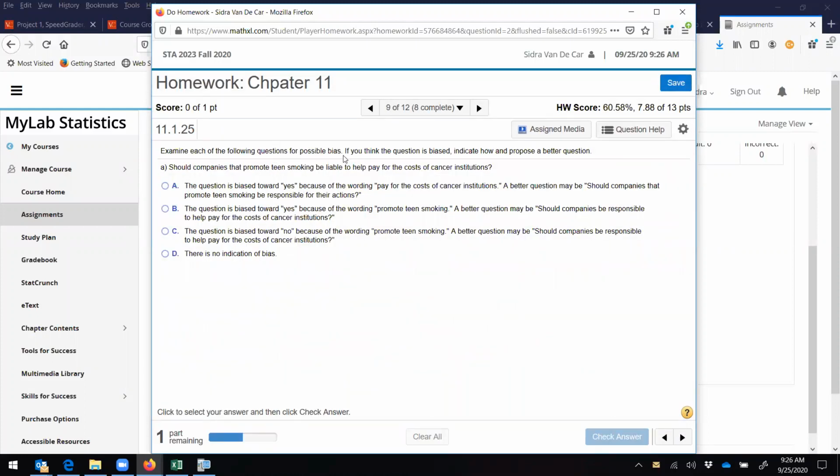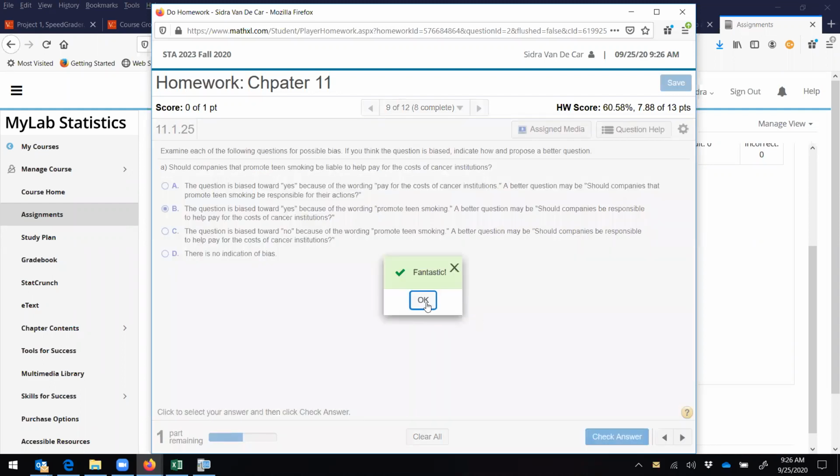All right, we're looking for bias. Should companies that promote teen smoking be liable to help pay for the cost of cancer institutions? Promote teen smoking. So the question is biased because of that wording of we're going to promote teen smoking.